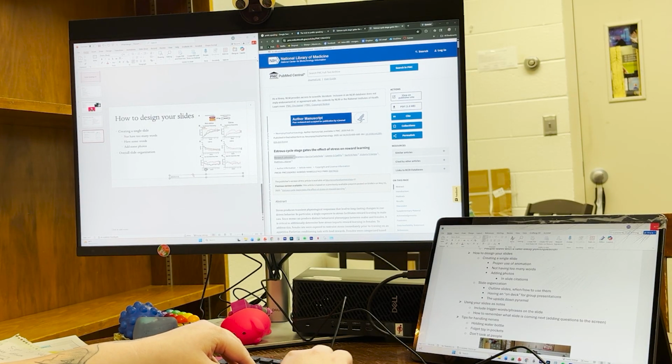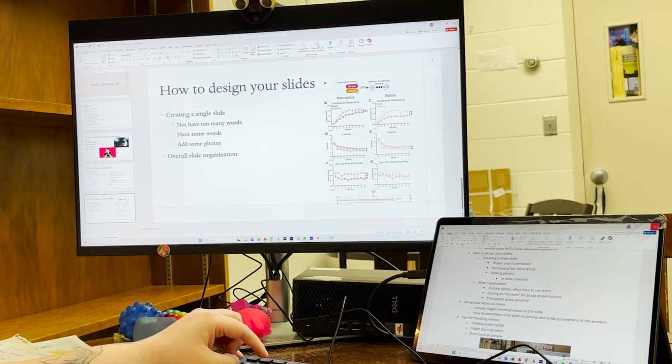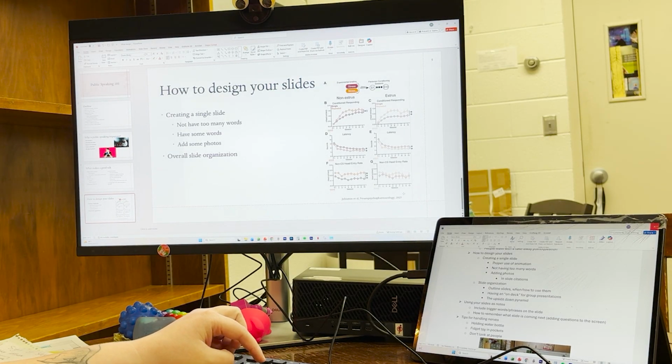Then what journal it's from: Neuropsychopharmacology. And the year, 2025. The purpose of this citation is to give someone enough information that if they wanted to look at the research themselves, they could. That's enough information that they should be able to find this article on their own.